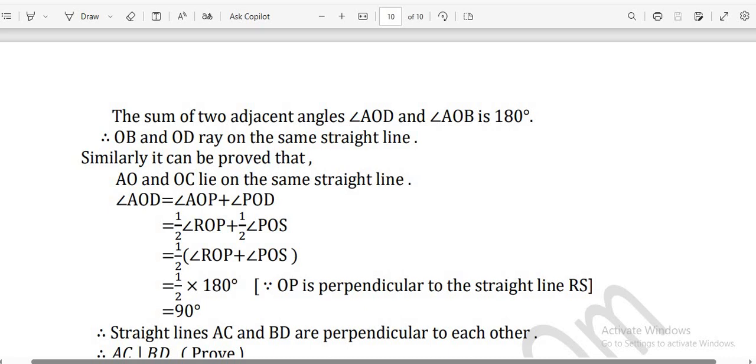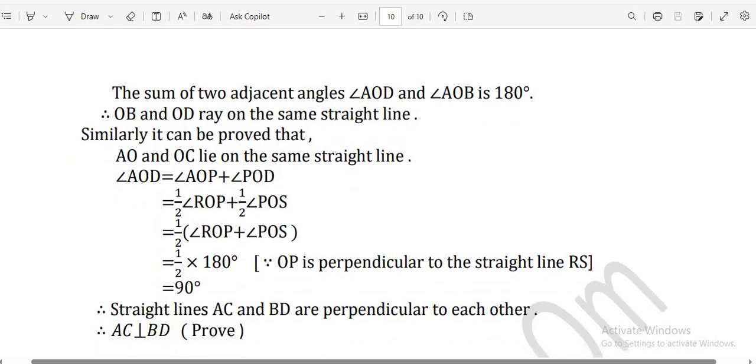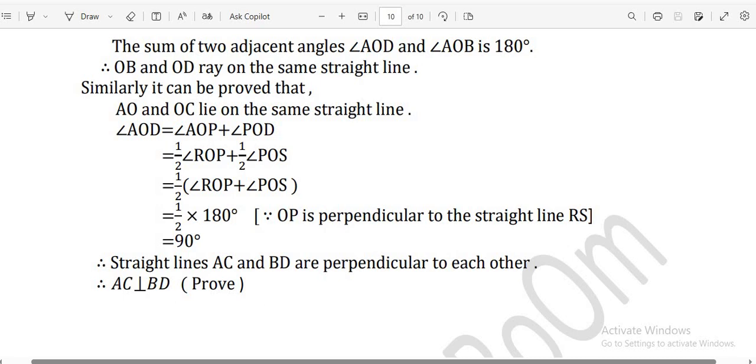Angle POR plus angle POS is 180 degrees, so it is 1 by 2 into 180 degrees, which is 90 degrees. Angle AOD is equal to 90 degrees.